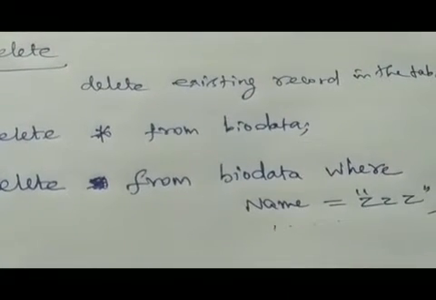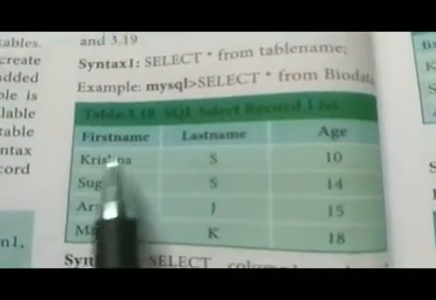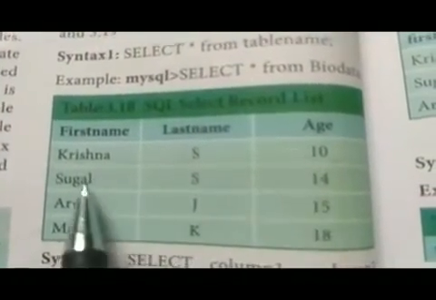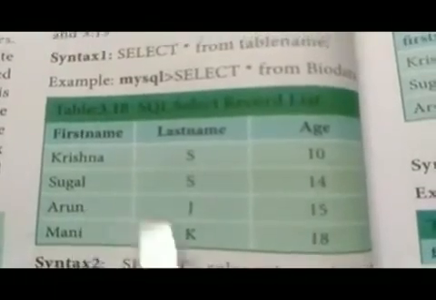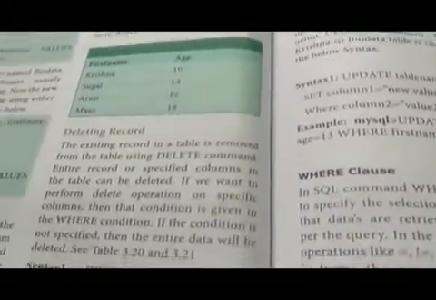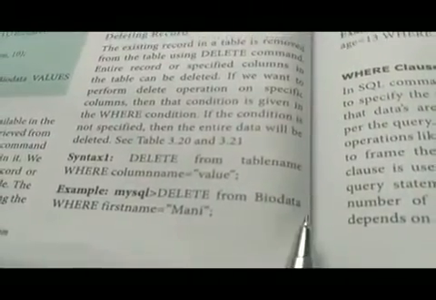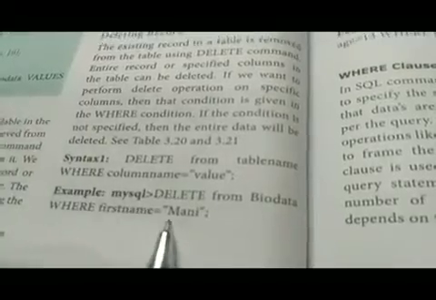Okay. In your book, they have given one example. You can see here, this is our table with 4 records. Krishna, S. Krishna, age 10, Sugal 14, Arun 15, Mani 18. So here what they have given: delete from biodata where first name equal to Mani.